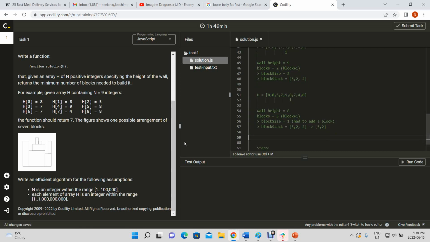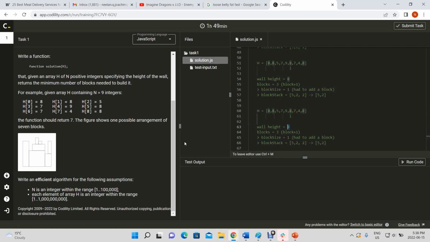So now we go to the next point, which is 7, right? Which is smaller than the previous point, so we're going to pop out another block. We also added a block, so it's 5, 2, 1.